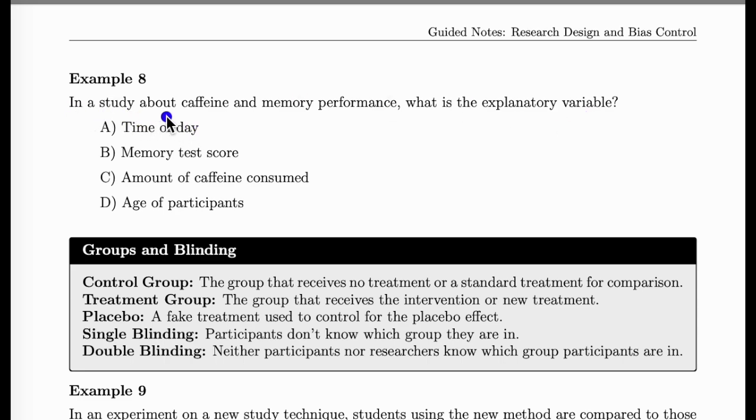So if we're doing a study about how caffeine affects memory performance, the variable that we're changing is the amount of caffeine, and the response variable would be the memory performance. So we're looking to see if the explanatory variable, the caffeine, affects the response variable, which is the memory performance. So in this case, the explanatory variable would be C, the amount of caffeine consumed.